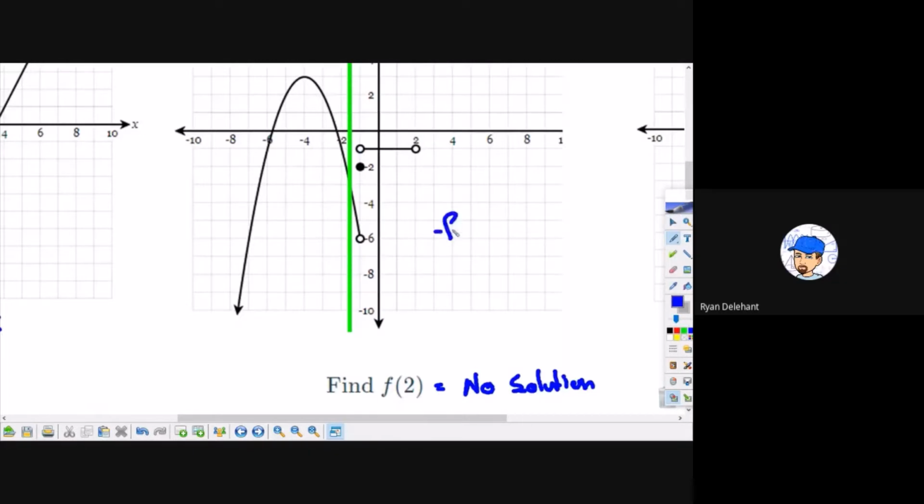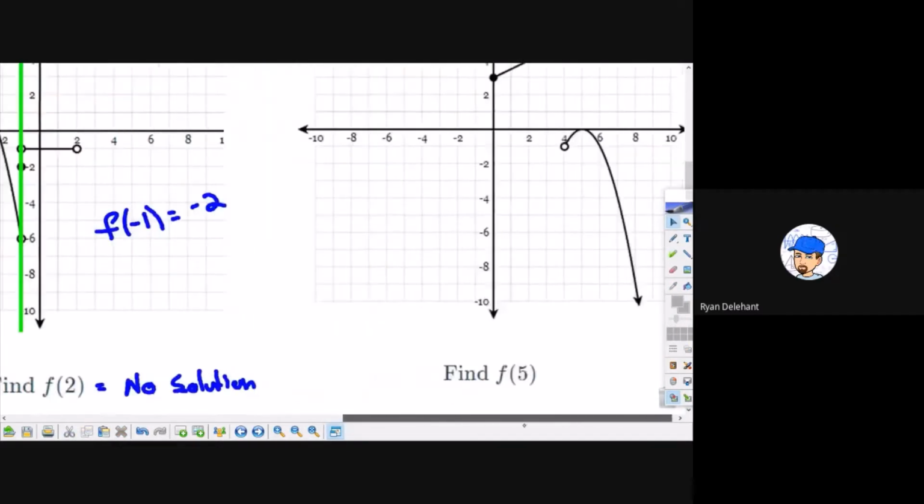So if I asked you what f of -1 was, a line goes through those 2 open holes, but it touches this dot right here at -2. Since I do have one spot that's filled in, even if it's just one dot, this one would be -2 for the y value. It's asking you what y value comes out of it.